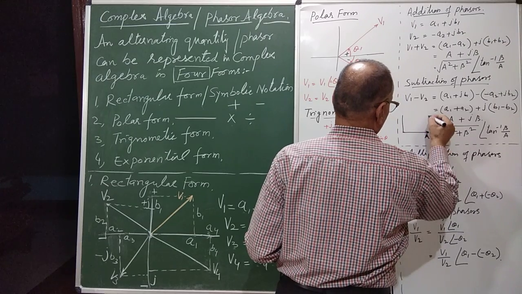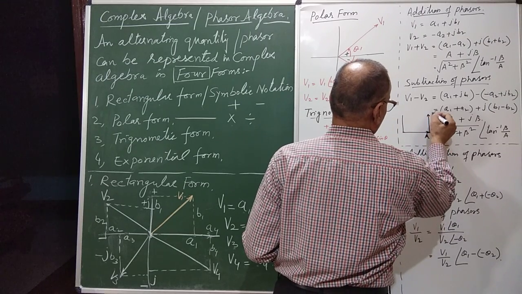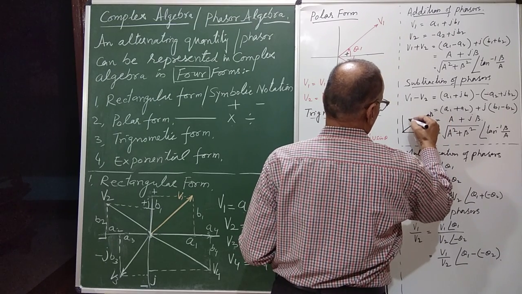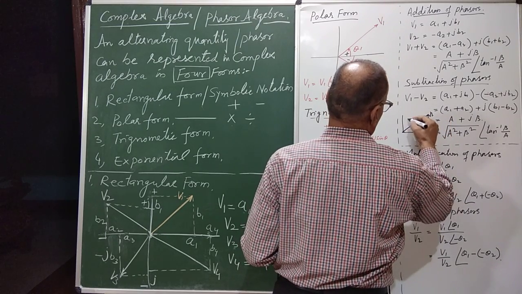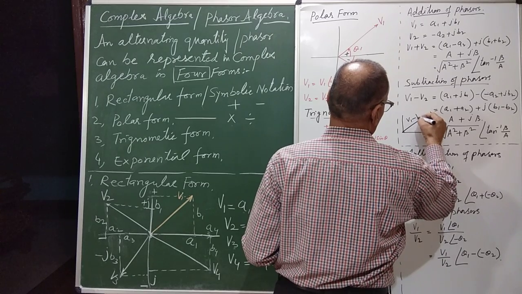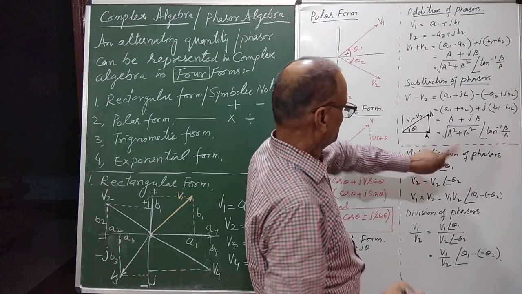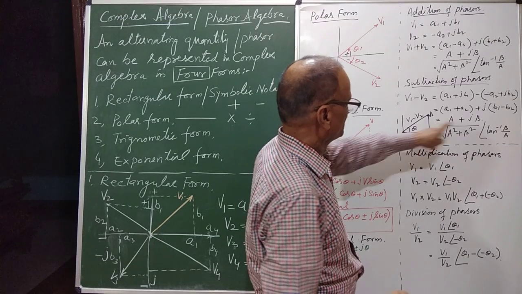This is A, this is B, and this is V1 minus V2, and this is theta. So theta is equal to tan inverse B by A.